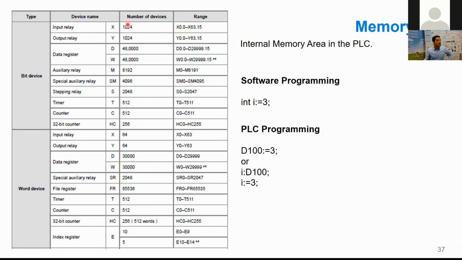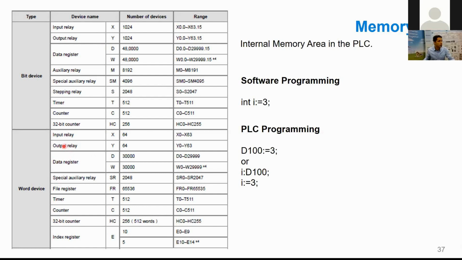X0.0: the first digit 0 means the channel, and the .0 or .1 is the bit position in that area. If you want to use any digital input, first we need to define the channel itself and which bit of that channel, and same for the output. This is how we use it as a bit.